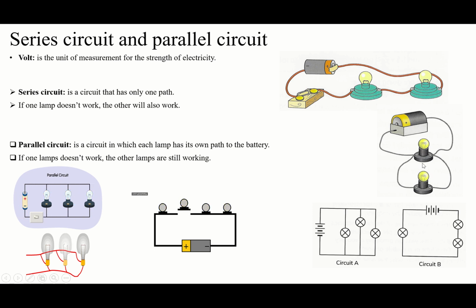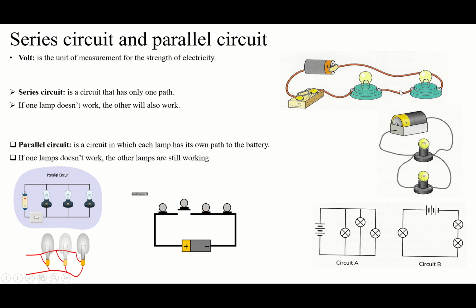They have their own path to the battery. This one has a path to the battery, and this one has a path to the battery. It means it will get its whole 6 volts from the battery, and this one gets its whole 6 volts from the battery. But in here, because it's only one path, they are related to each other.